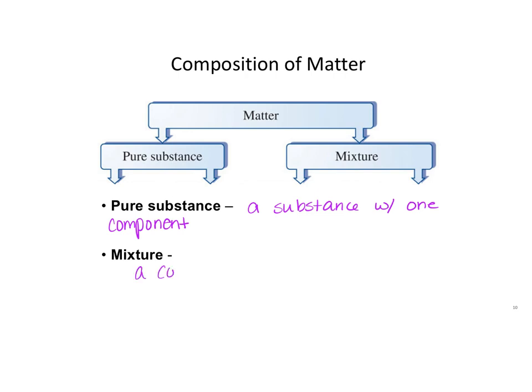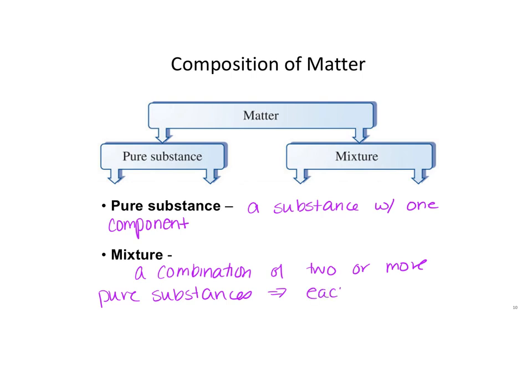And this is a combination of two or more pure substances. And each of these retains its own identity. Right? And it's important to notice that these are mixed together, but they're not undergoing any chemical reaction.